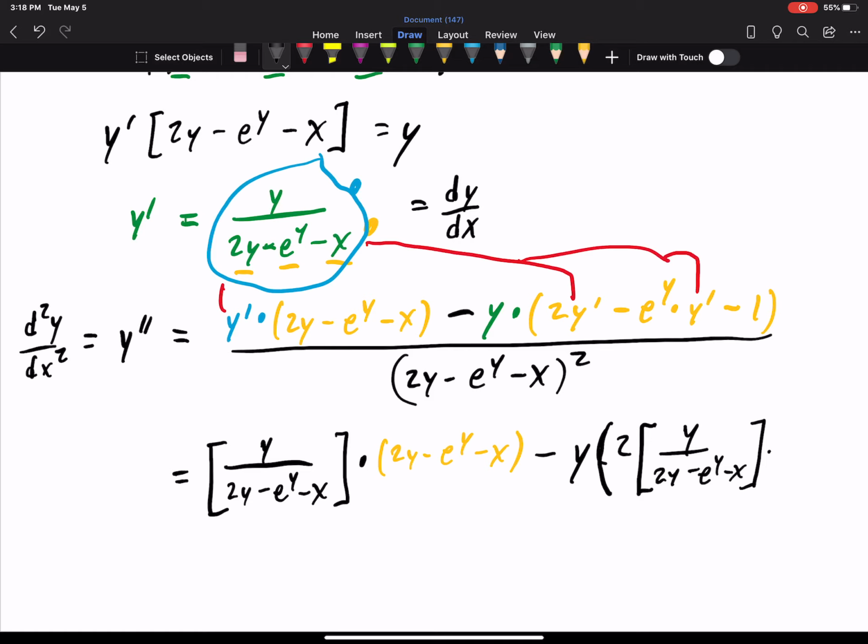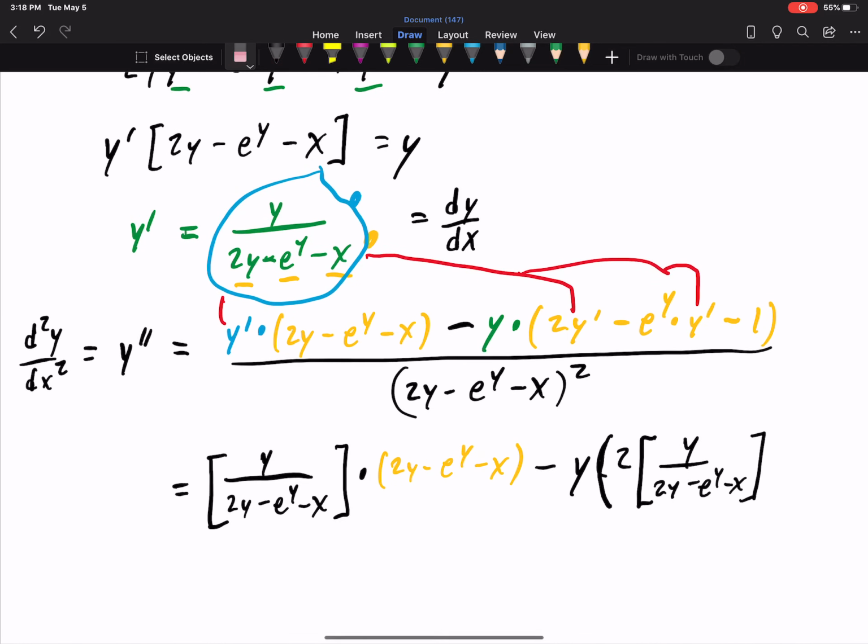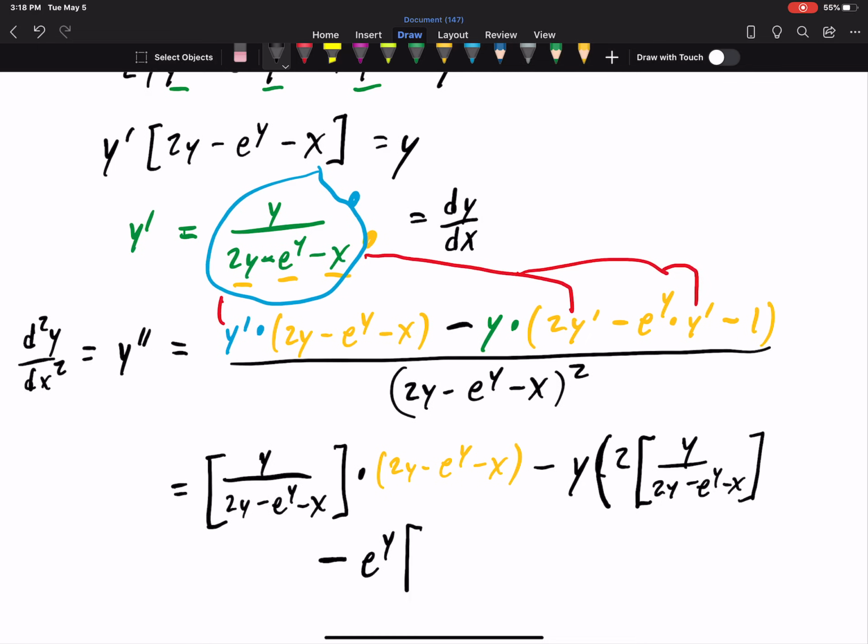Minus, oh boy, I'm running out of space, aren't I? All right. So I'm going to put this minus sign here in the denominator. This is getting really messy, but this will happen. So you have minus e to the y times this box again, 2y minus e to the y minus x inside this box, and then minus 1. So this is all inside this big set of parentheses here. So all we did was replace our y primes with this box.